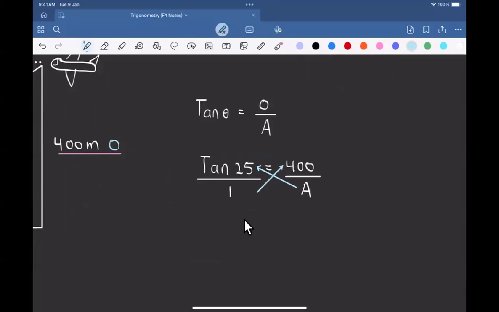That'll be A tan 25 is equal to 400. And if I want to find A, what do I have to do on both sides? Divide by tan 25.